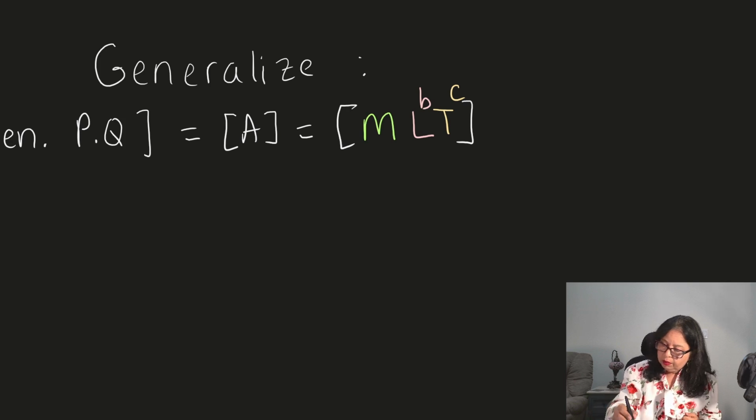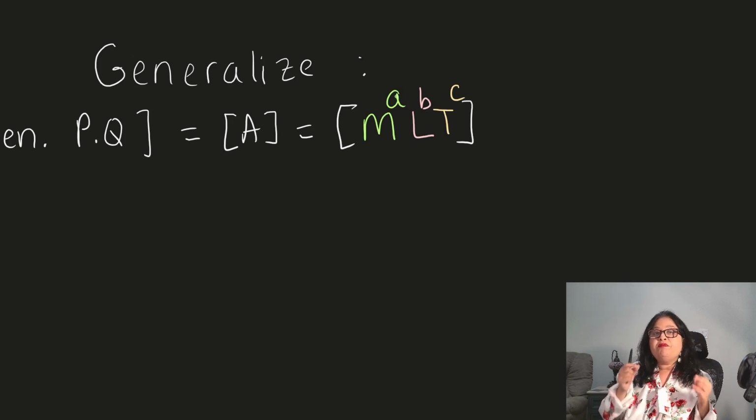A, B, and C. There are A number of factors of mass in the formula for A. There are B number of factors of L, and there are C number of factors of time in the formula for A. What do I mean by that?